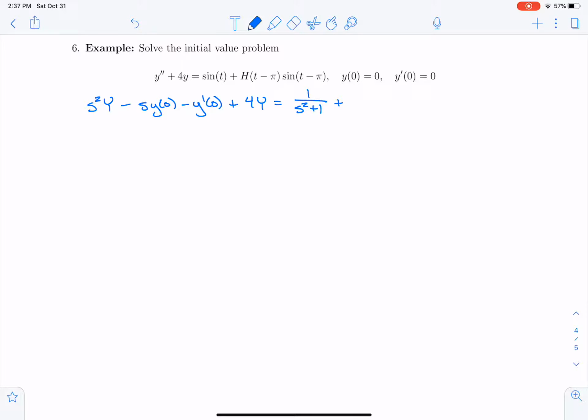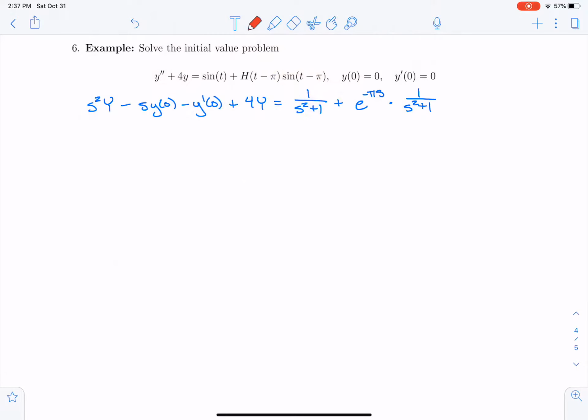That is going to be an e to the minus pi s coming from the Heaviside function of t minus pi. And then we're going to have just the Laplace transform of sine of t, which we already know is 1 over s squared plus 1.